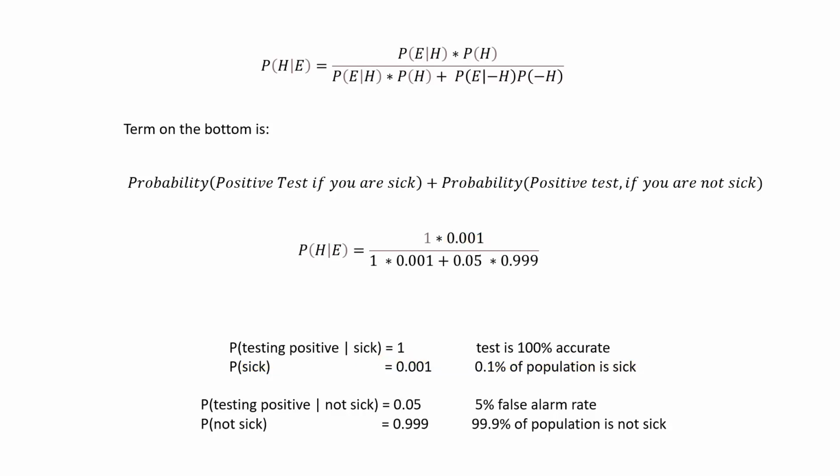The top term is the same as the first half of the bottom term. Then we have 0.05, the probability of testing positive if you are not sick, which is 5%, the false alarm rate, times 0.999, the probability that you are not sick, which is 99.9% of the population on average.